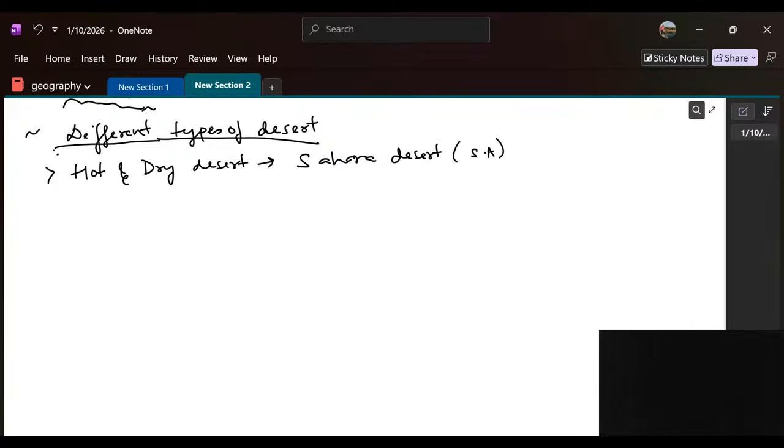So can anybody tell me an example of a cold desert? So what is the Kalahari Desert? Does anybody have an idea about the Kalahari Desert? The Kalahari Desert is in South Africa, right? So is it a cold or hot desert?